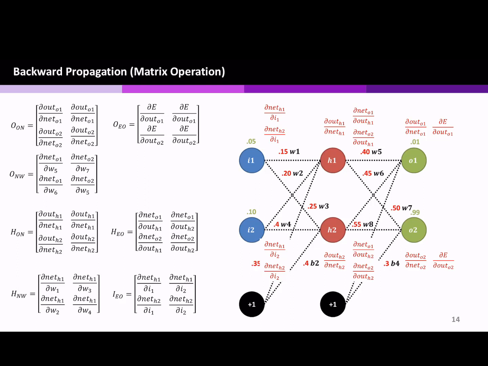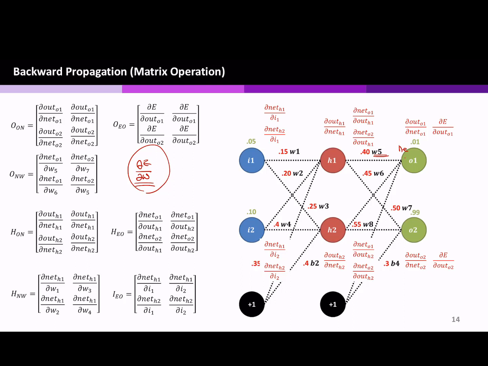So if you see, to compute this, for instance, here, we use the partial derivative of each neuron and the net and weight parameters and net of another neuron. We can use all these partial derivative values in order to compute this partial derivative value for the lower layer.